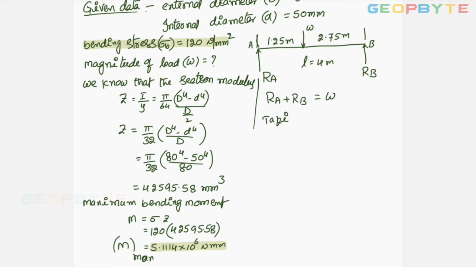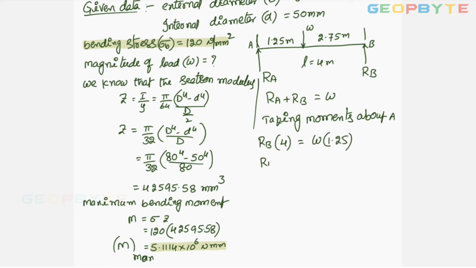Taking moments about A, RB into the total distance 4 equals W into 1.25.